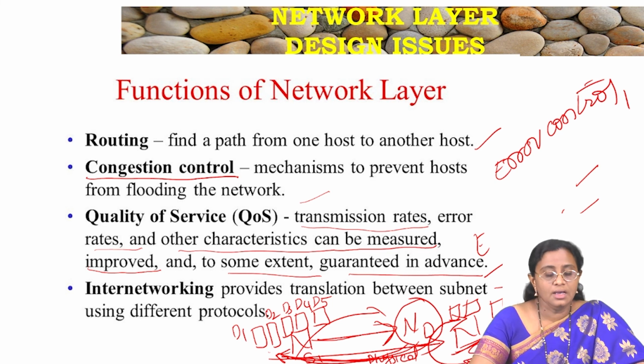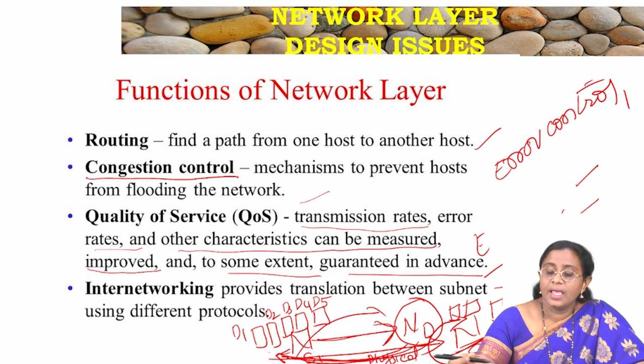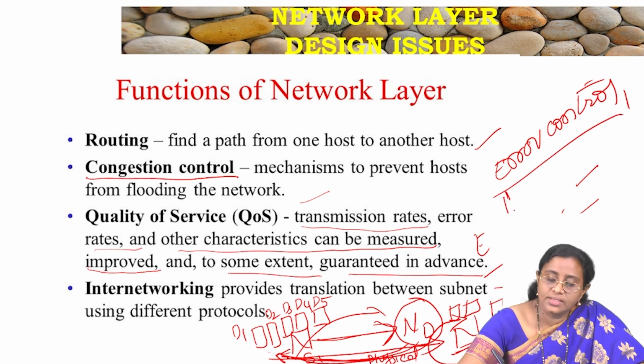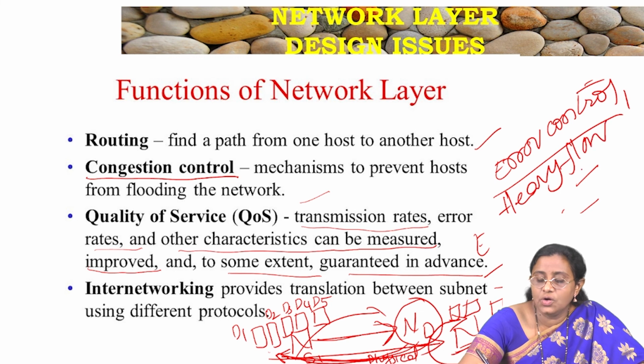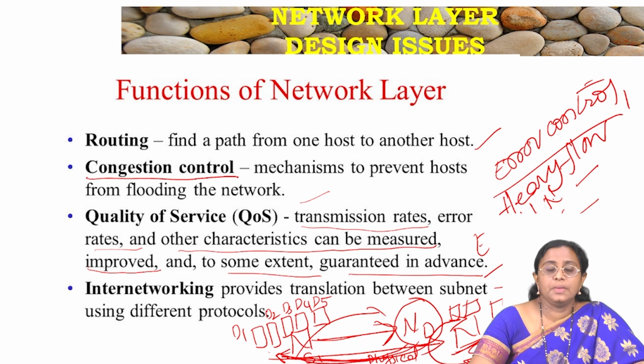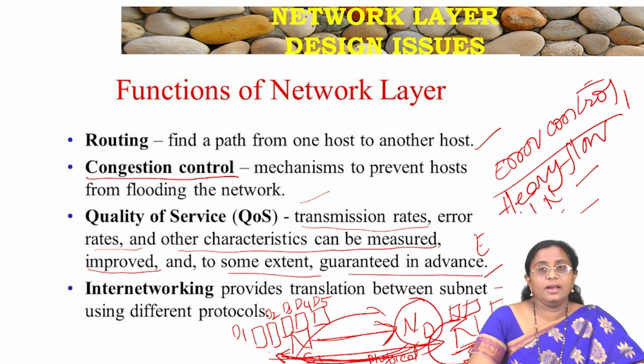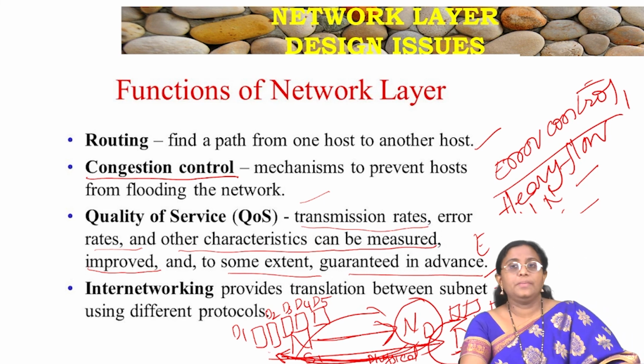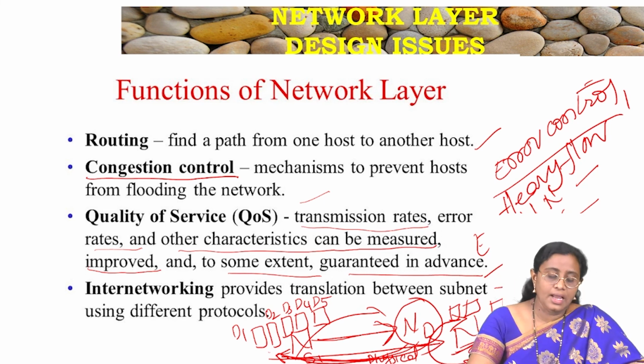The second one is congestion control and error control, to avoid the heavy flow of data packets from one node to another node, and the quality of service, where transmission rates, error rates and other characteristics can be measured and improved to some extent by means of a guarantee in advance.